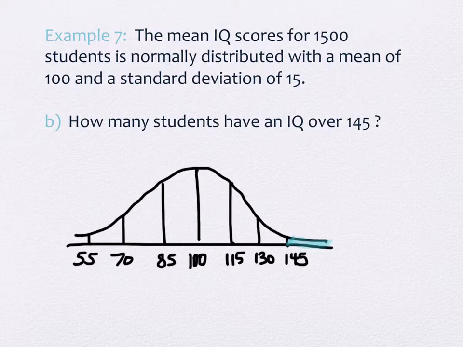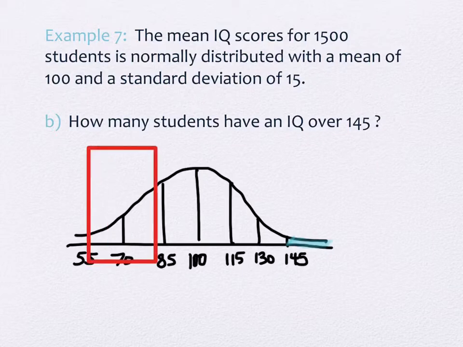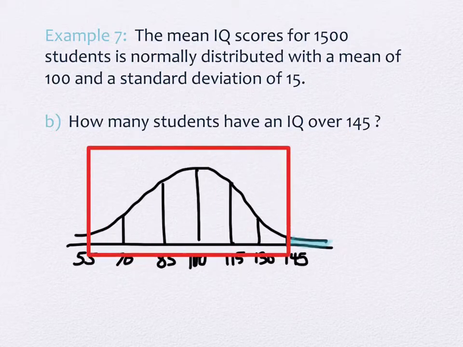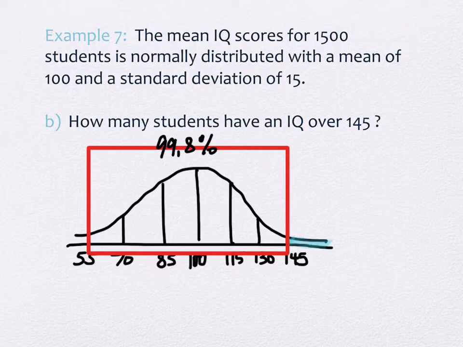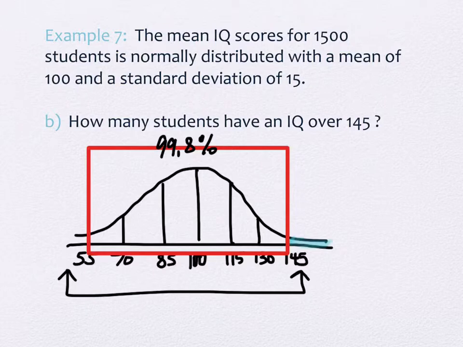Okay. Good, so I'll do a red rectangle again this time. This would be 99.8% of the data, right? From 3 standard deviations on the left to 3 standard deviations on the right. So how much does that leave in the outer areas over here? 0.2%.